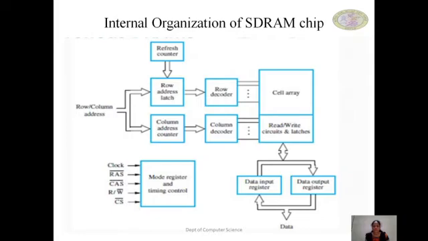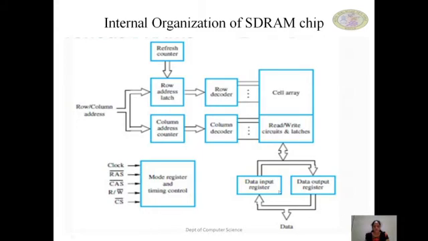Then we have a read-write latch, which is connected to the data input register and the data output register. So why do we need the data input register and data output register? Whenever we want to transfer data from a data bus to a particular cell, we need a data input register.